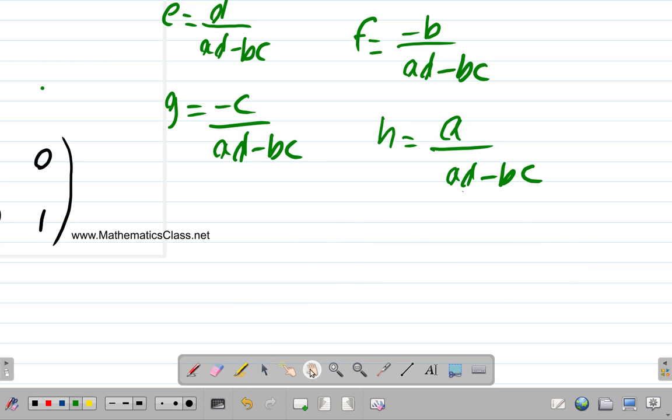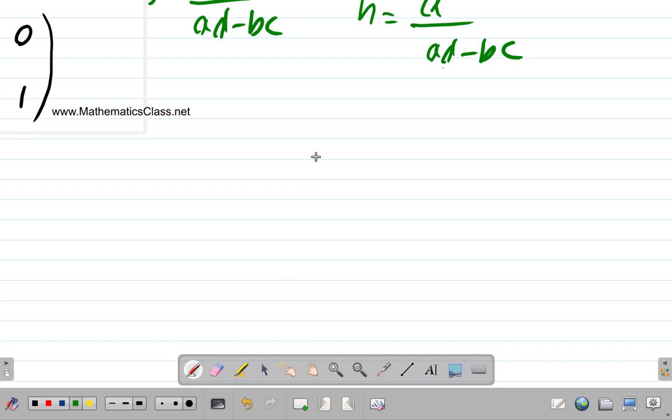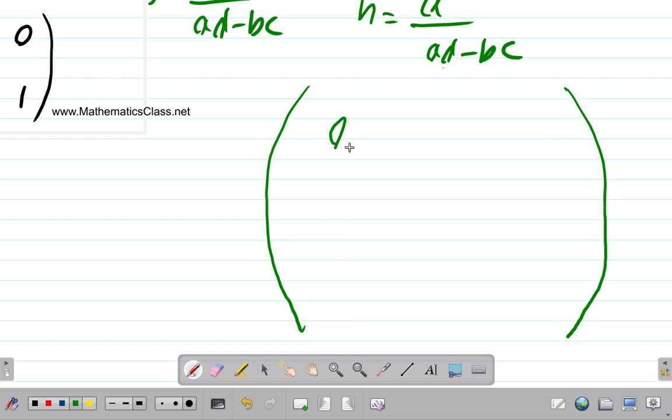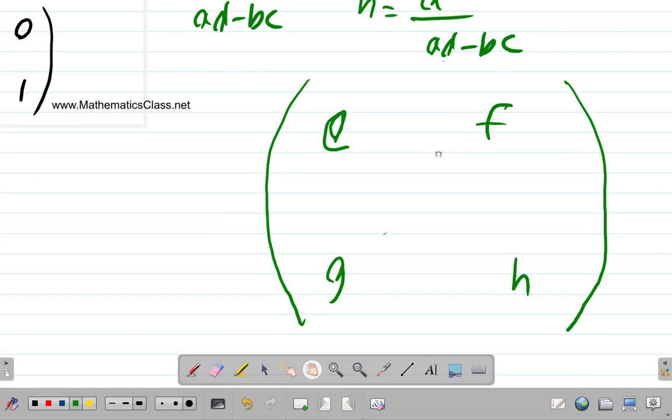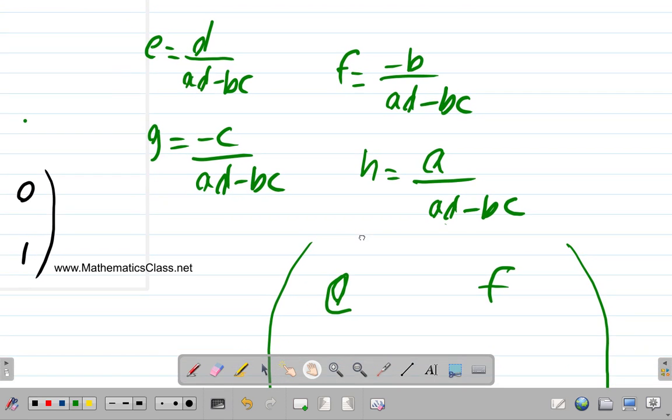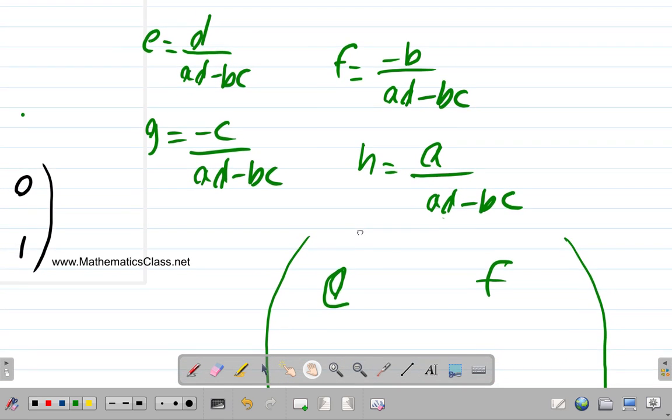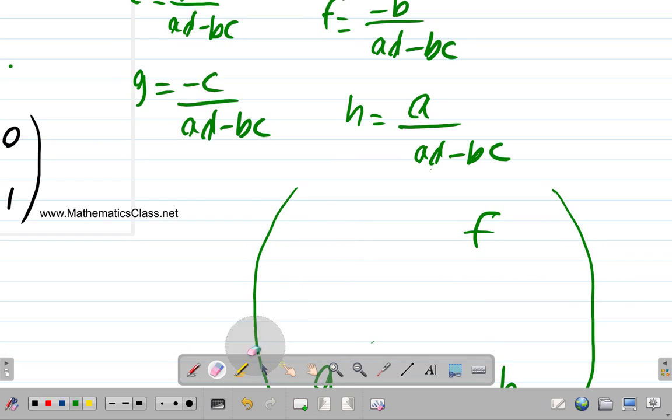Remember, let me just do this part here. We have the matrix that we want to find out, which is the inverse that we want. It is E, F, G, H. Alright? But now we know that E is D divided by AD minus BC. So here we write D divided by AD minus BC. You see it here?